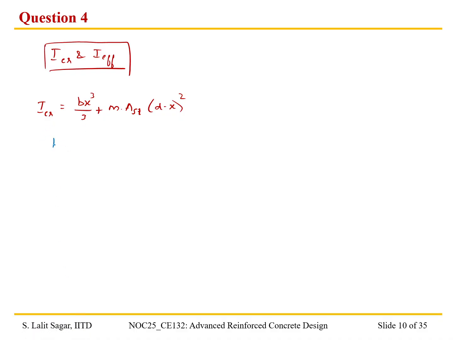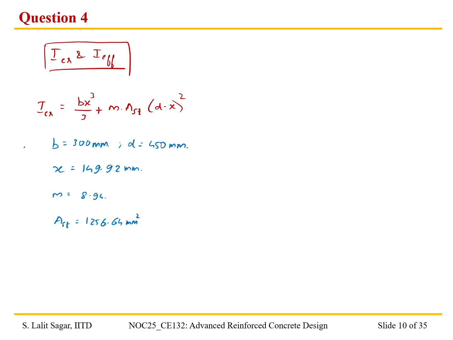B is equal to 300 mm, and x is 149.92 millimeter, and m is 8.94, and AST is 1256.64 mm square. And we know that the value of d is 450 mm.